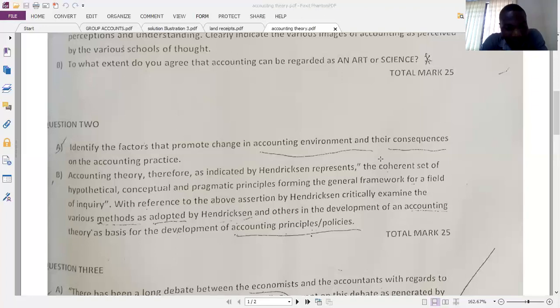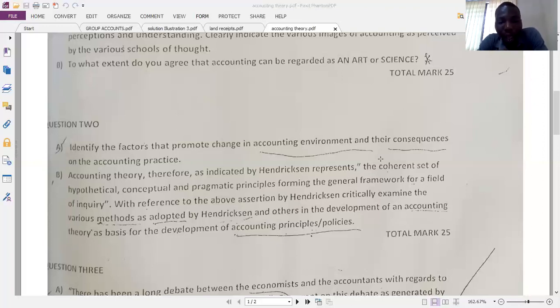So let's start. Accounting theory, therefore, as indicated by Hendrickson, represents the coherent sets of hypothetical, conceptual, and pragmatic principles, forming the general framework for a field of inquiry.